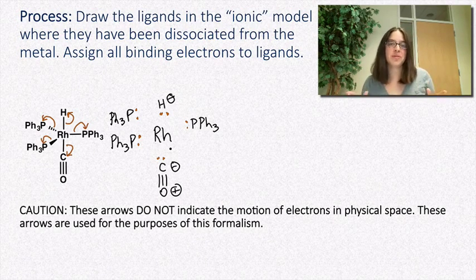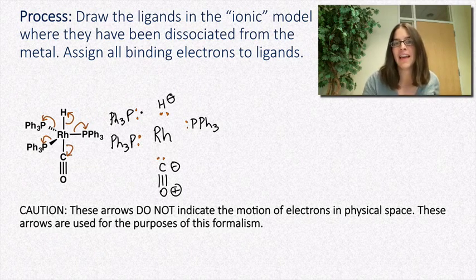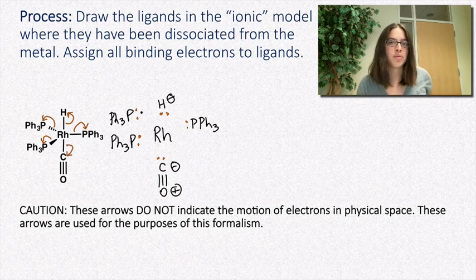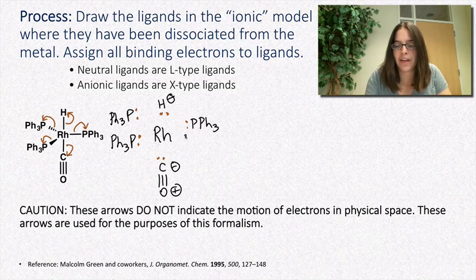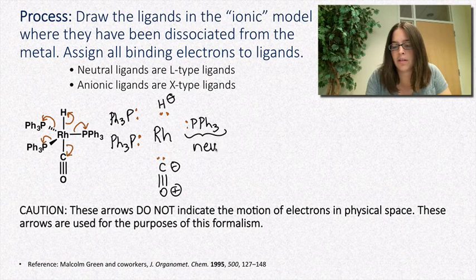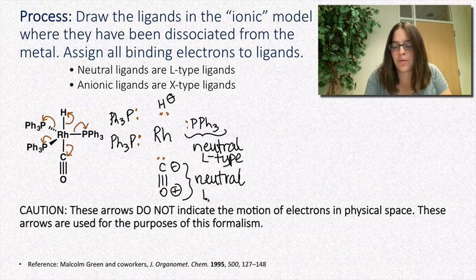Once we've done this, it's useful to assign each of these ligands as L-type and X-type ligands. So what do I mean by that? Neutral ligands are L-type ligands. So if you look at triphenylphosphine with these lone pairs, this is neutral, charge neutral. And so we can assign it pretty easily as an L-type ligand. And if we look at CO, there's an anion on carbon, but the whole molecule would be net neutral. So it would be an L-type ligand.